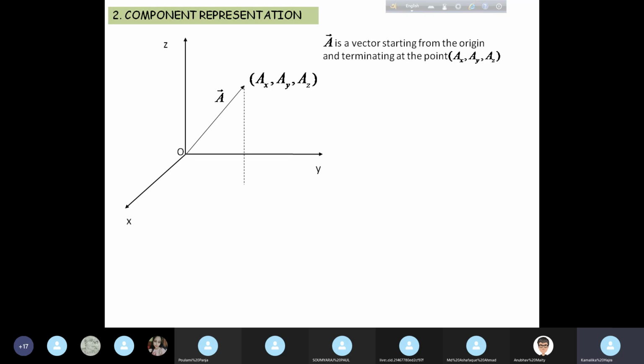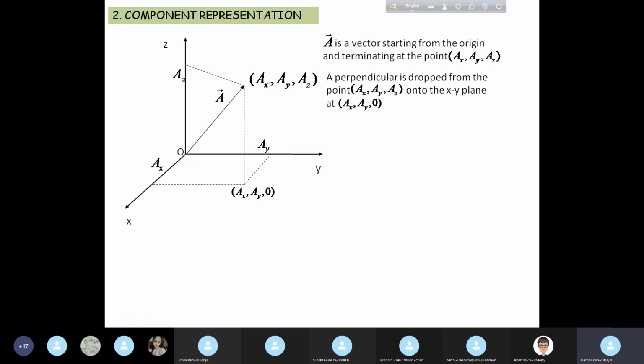Now we drop a perpendicular from this point ax, ay, az onto the xy plane. Now z is 0, so the coordinates at this point are ax, ay, 0.